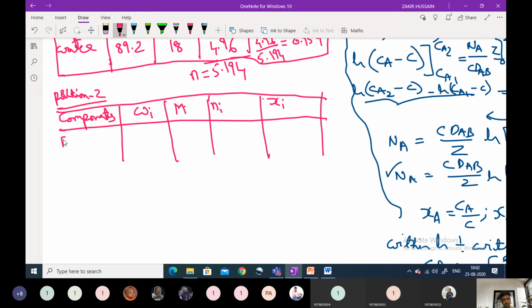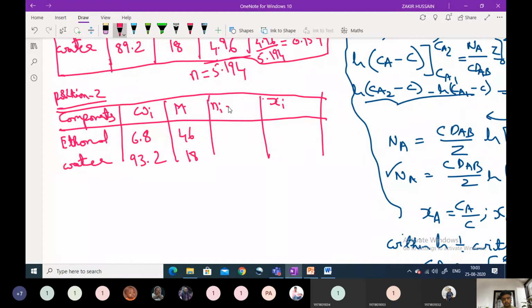Here also the components at position 2 are the same as at position 1. Then the weight percentage is different. This is 6.8 weight percent, or we can simply take it as weight since our basis is already 100. So 100 minus 6.8 gives 93.2. The molecular weights are 46 and 18.